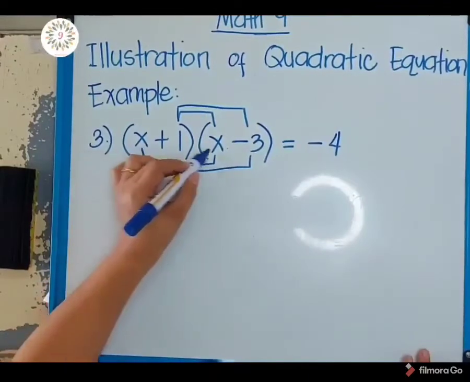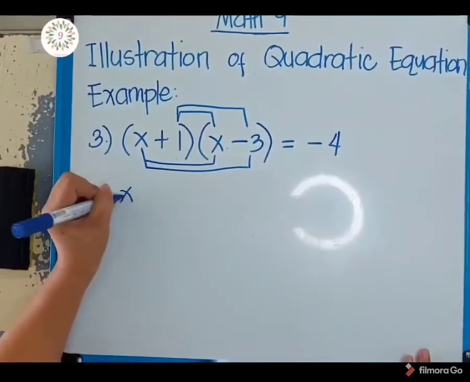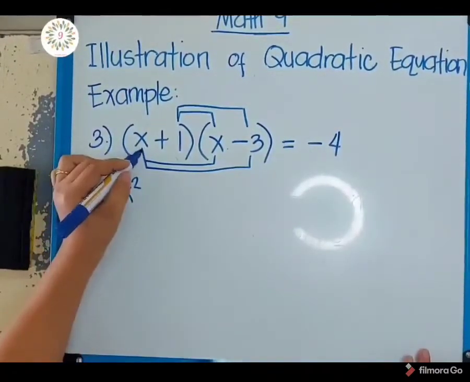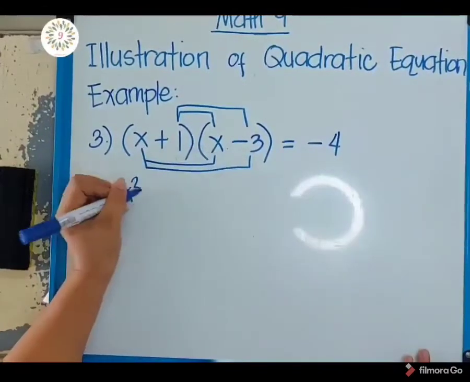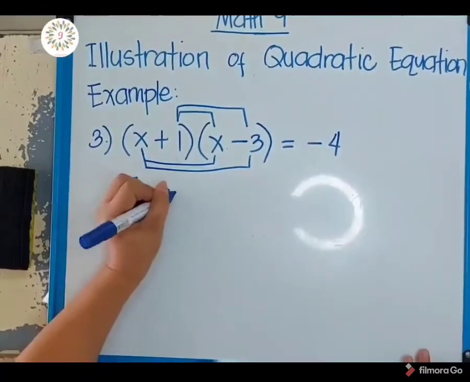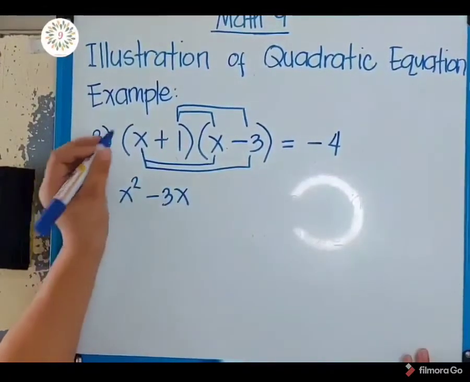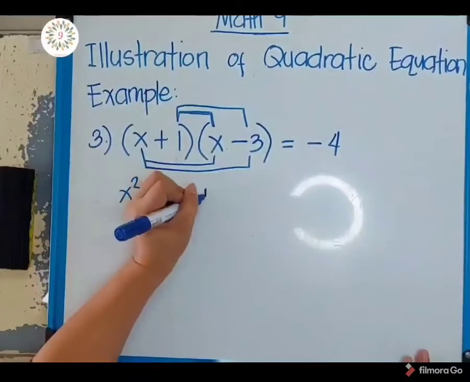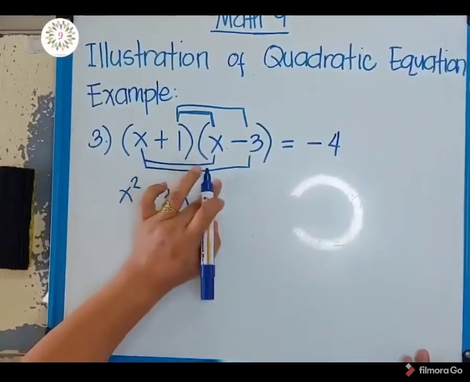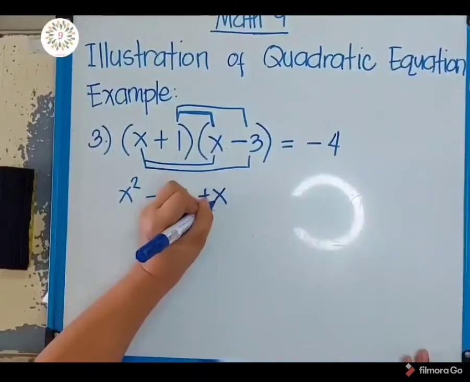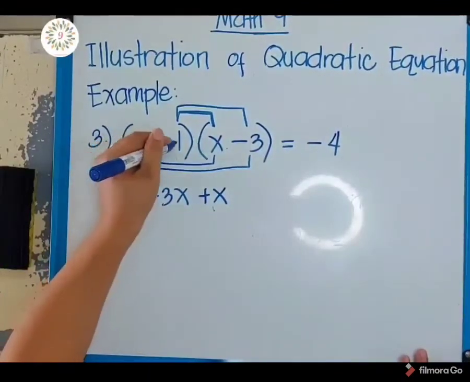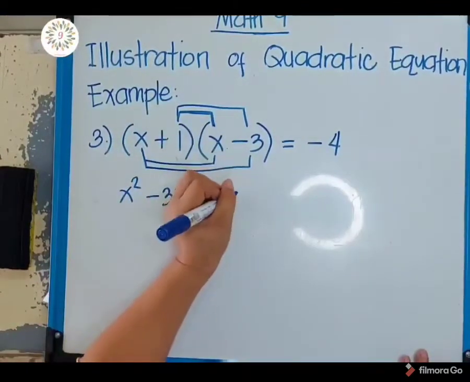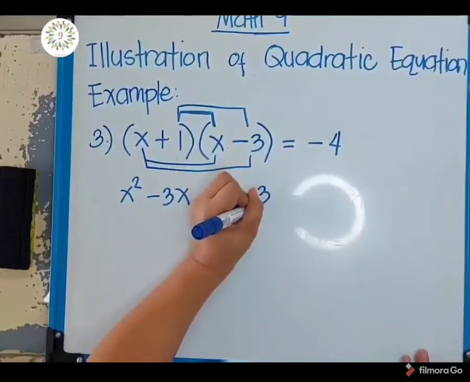X times x is x squared. X times negative 3 is negative 3x. Then 1 times x is positive x. And then positive 1 times negative 3 is negative 3.